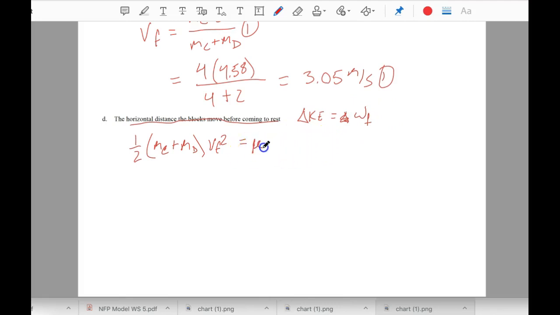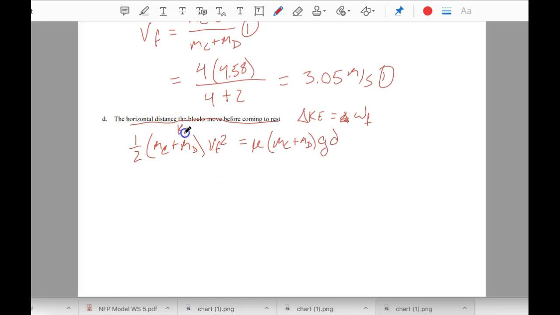So that is mu times the mass of both blocks, mc plus md, times gravity, and then finally times d. Remember, this is mu times the normal force times the distance that it travels.